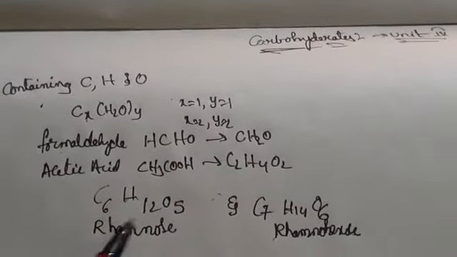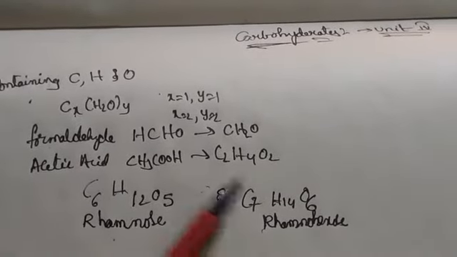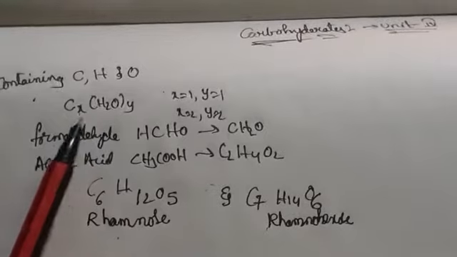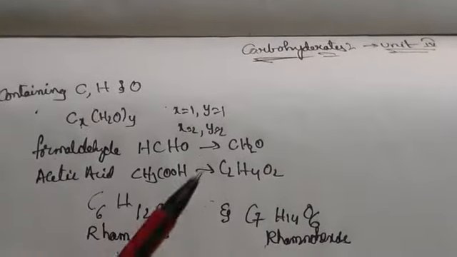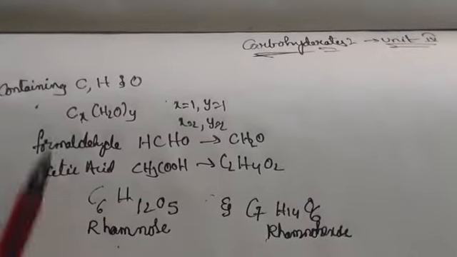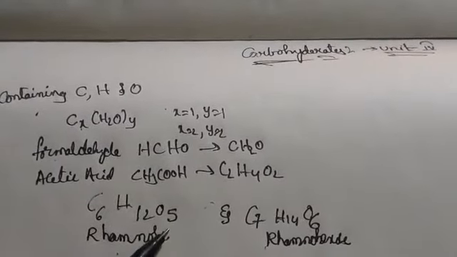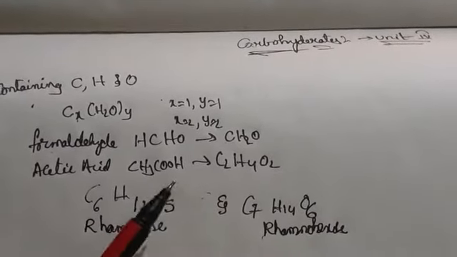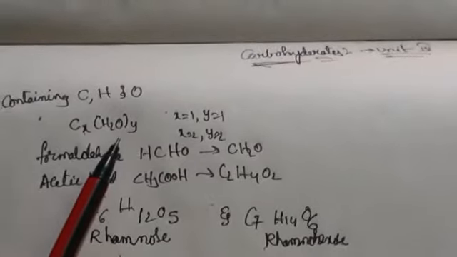Coming to these two molecules, when you substitute them in this formula, for example x equals 6 and y equals 6, here we get C6, 6 twos are 12, H12. Coming to oxygen, how many do we have? Only 5. Oxygen is not satisfying this formula.